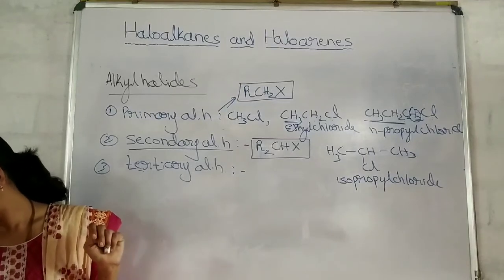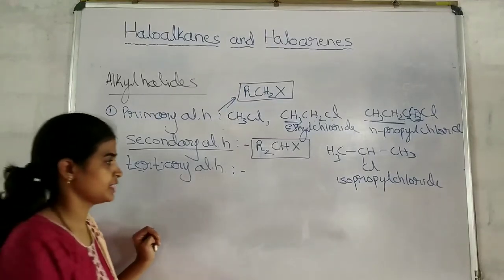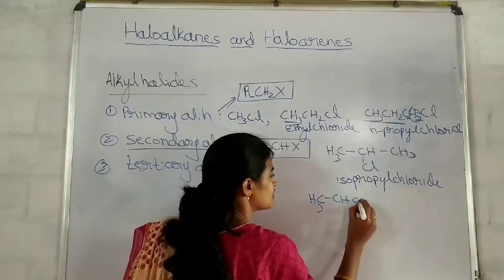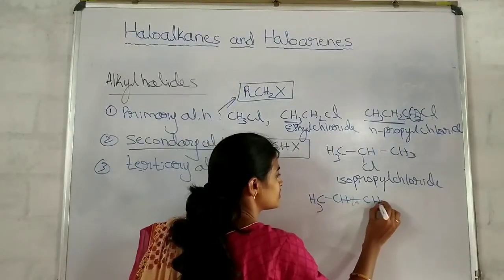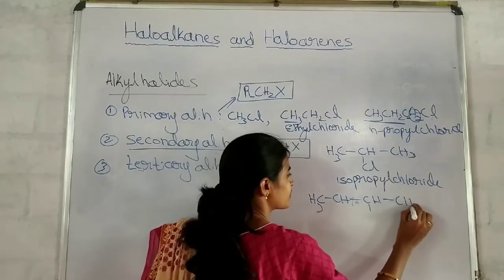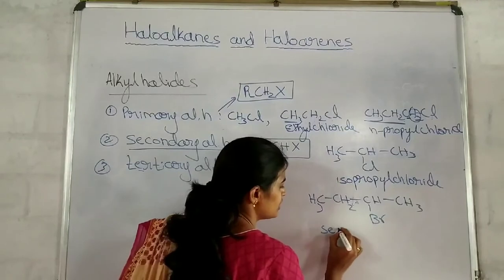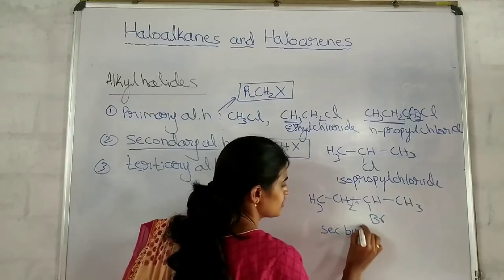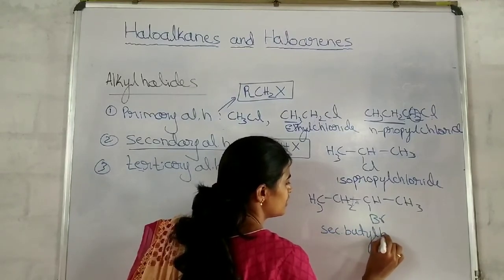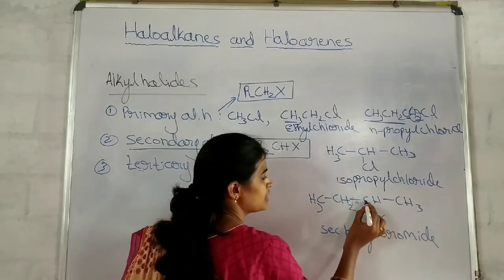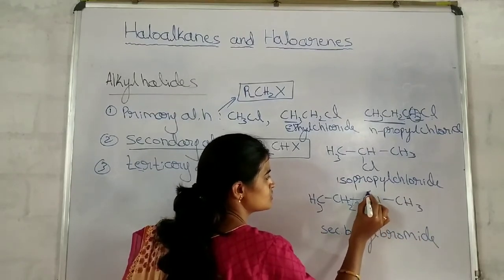And secondary butyl bromide. The next example is the common name of secondary butyl bromide. The carbon atom attached with the Br is what?